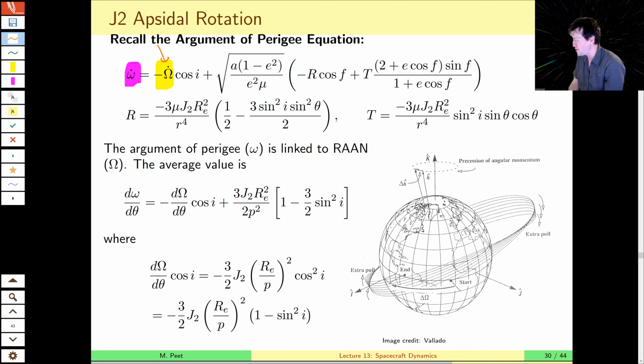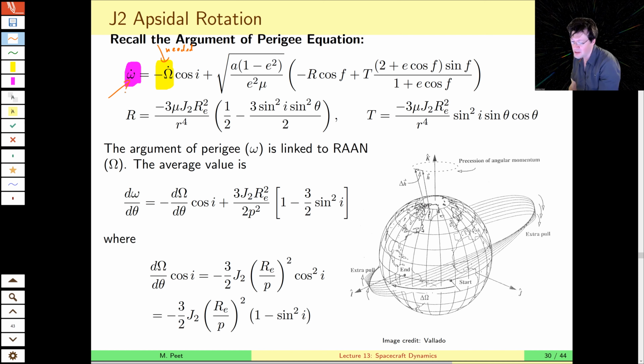So we couldn't solve this equation if we didn't already have that expression. Okay. So we needed that change for right ascension because it factors in, for other reasons as well, but mostly because it factors into this expression for argument of periapse.